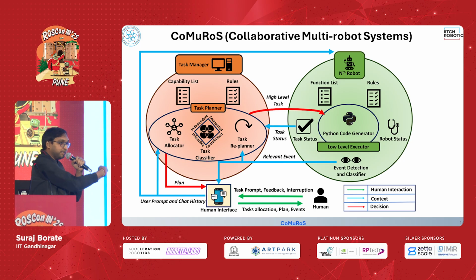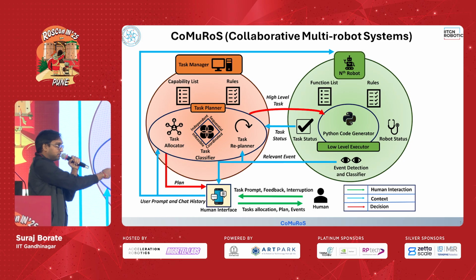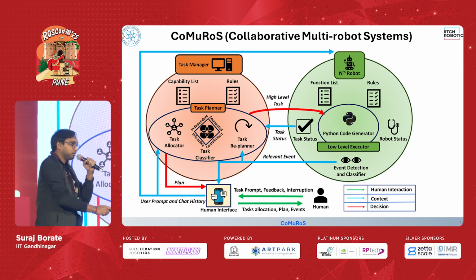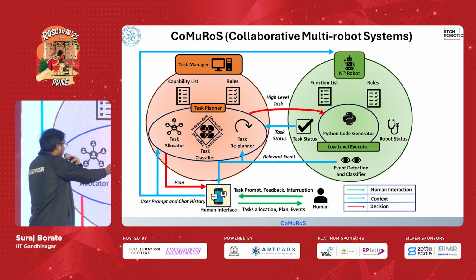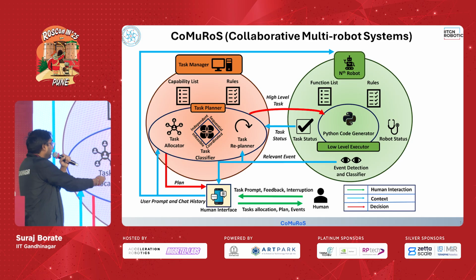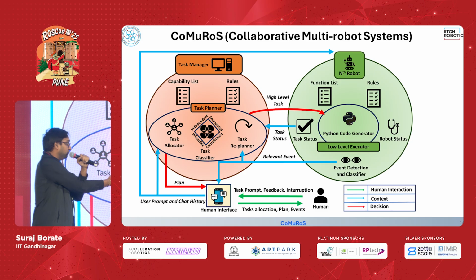The task manager is basically an LLM. And on the right, you can see one of the robots. And each robot has an LLM Python code generator for execution. So all the execution code is generated by this LLM based on the high level tasks provided by the task manager, right? And it utilizes the list of skills. These list of skills can be your RL policies, VLA policies and all, okay?